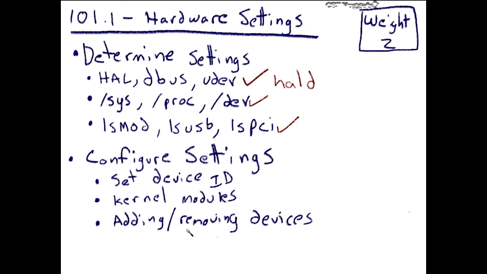And then we finally, after all that learning, learned how to configure some stuff. We learned about how to set device UUID, or how to mount things based on the UUID. Remember, that is how you can mount a hard drive or a flash drive based on its exact unique identifier.